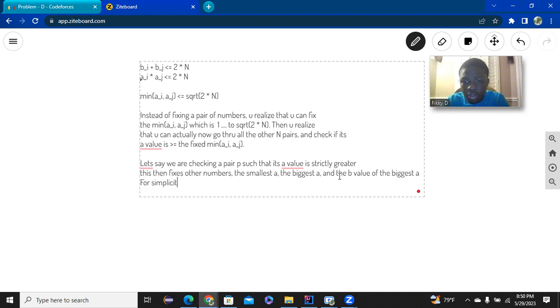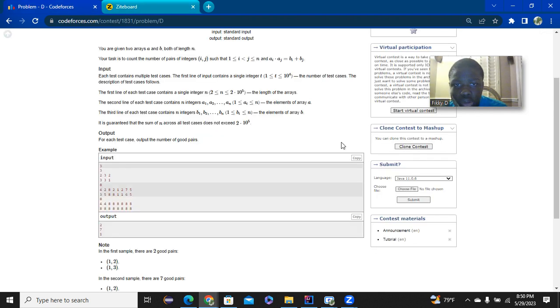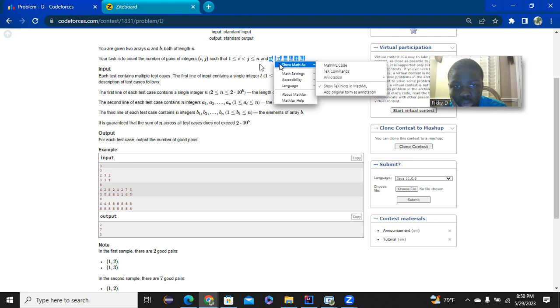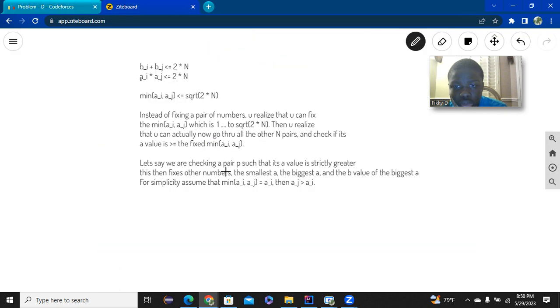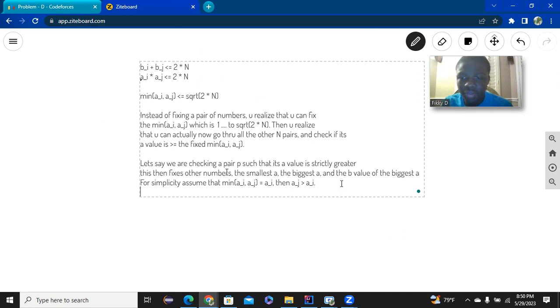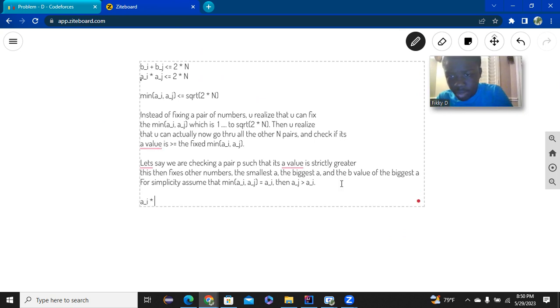For simplicity, assume that min of a sub i, a sub j is a sub i. Why can we do this? Well, because we have this equation, a sub i times a sub j.